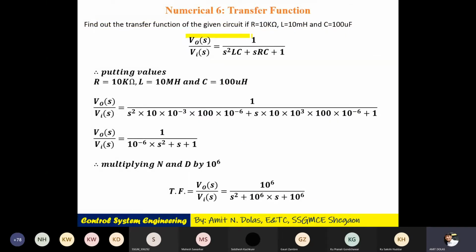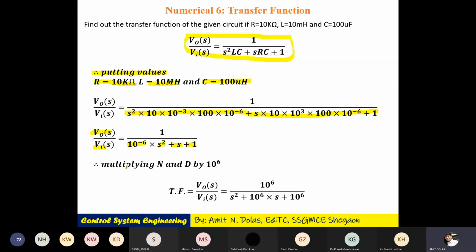Then into this transfer function, putting the values, that is 10K R, 10 millihenry L and 100 microfarad C, putting all the values and doing calculations here. Finally we get 1 upon 10 raised to power minus 6 into S square plus S plus 1.